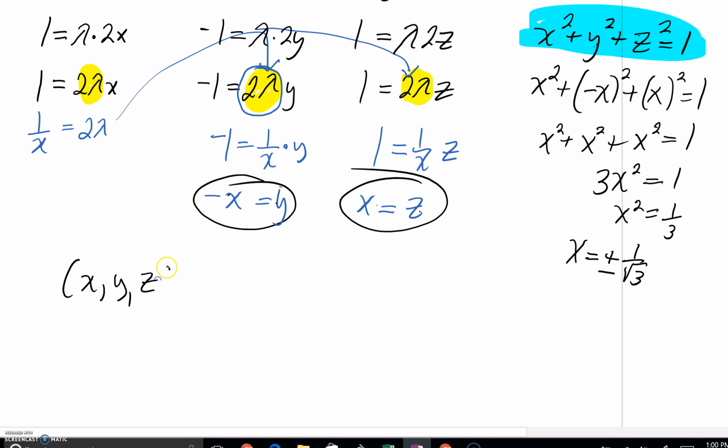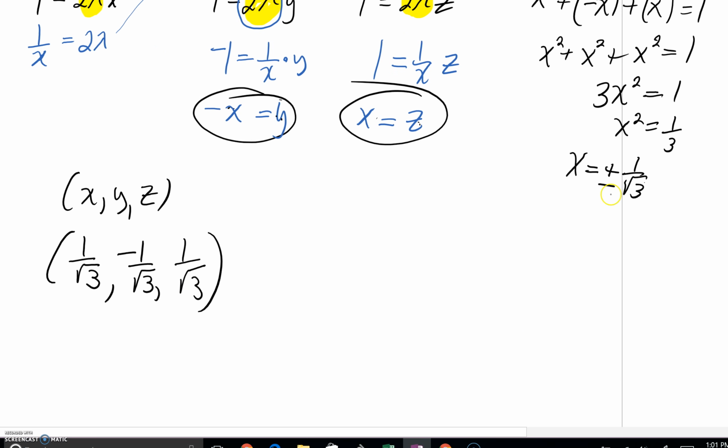I could say, hey, look, I'm going to have an x of a positive 1 over radical 3. That's one possibility. The y value would have to be the opposite of that. My z value would be the same thing as my x value. But of course, x could also be the negative 1 over radical 3.